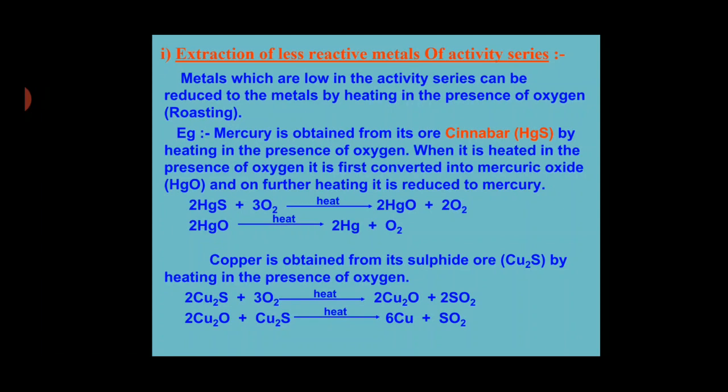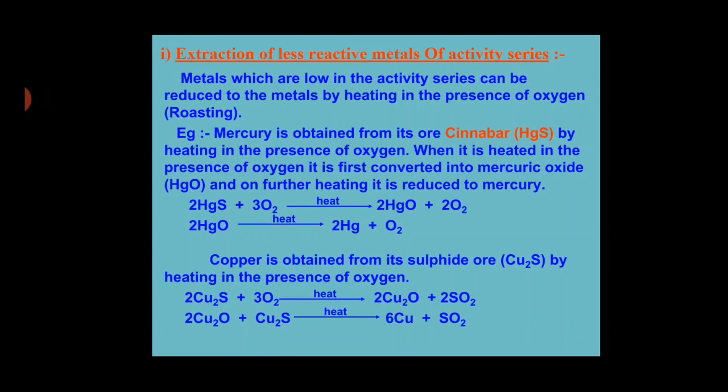The mid part is occupied by the mild reactive metals, and below hydrogen it is occupied by the least reactive metals. So, on the basis of the reactivity series, metals are categorized and different methods are used in the extraction of metals on the basis of their reactivity.